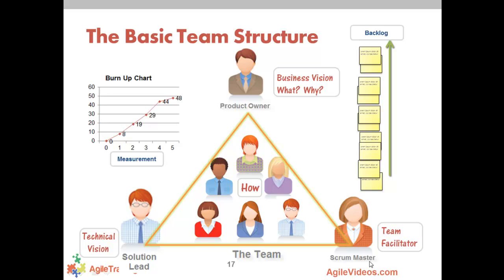We call them the Scrum Masters. Some people call them the Agile coach. Whatever you want to call them. If you're using Scrum, they're the Scrum Master. They're the team facilitator. But basically, their role is to make sure they're facilitating a healthy process. And the product owner, the facilitator or Scrum Master, and the team, those are the three roles that are very popular in Scrum. I like to talk about this person or people, it could be several people, that inside of the team, needs to have someone who at least can have the vision of how.